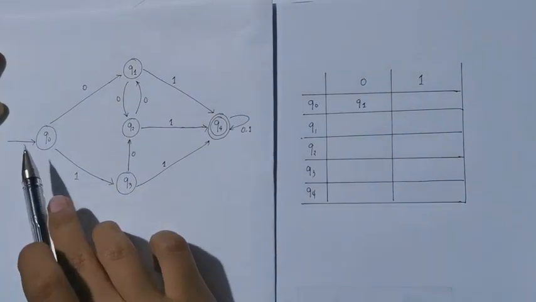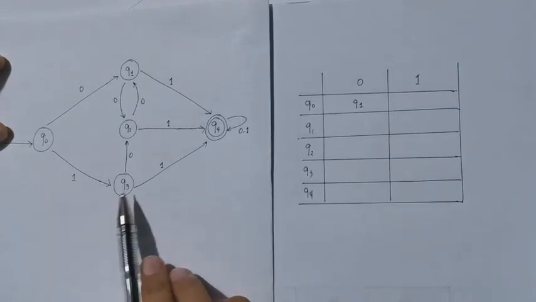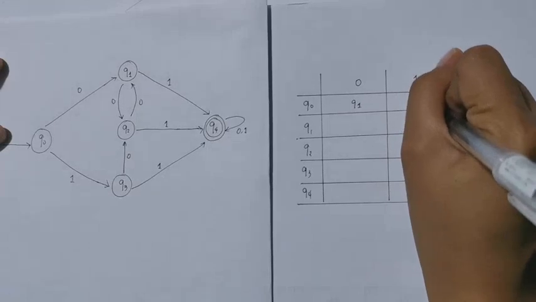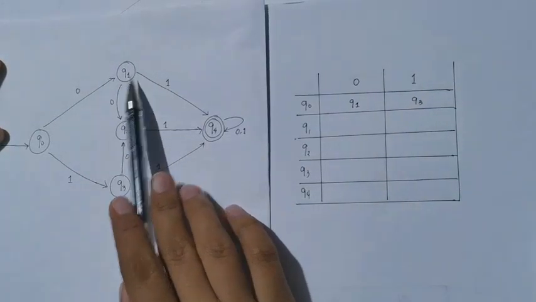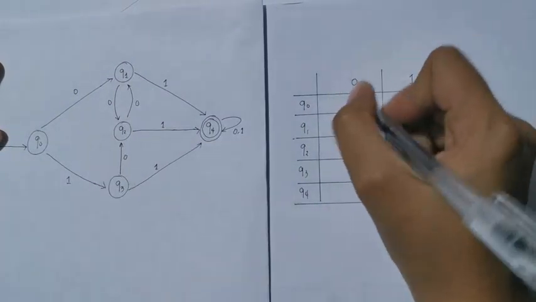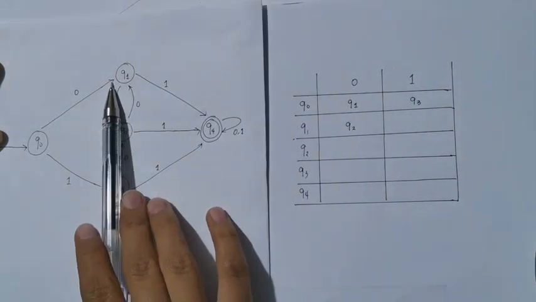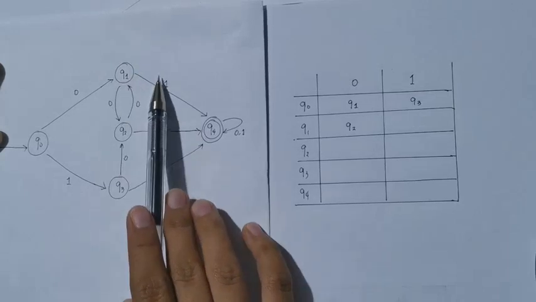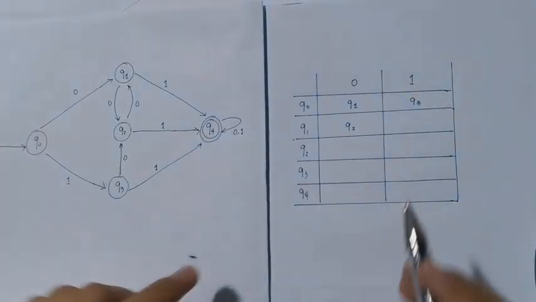From Q sub 0 or station 1, bus number 1 went to Q sub 3 or station 4. From Q sub 1 or station 2, bus number 0 went to Q sub 2 or station 3. From Q sub 1 or the second station, bus number 1 went to the city or the last station, or Q sub 4.